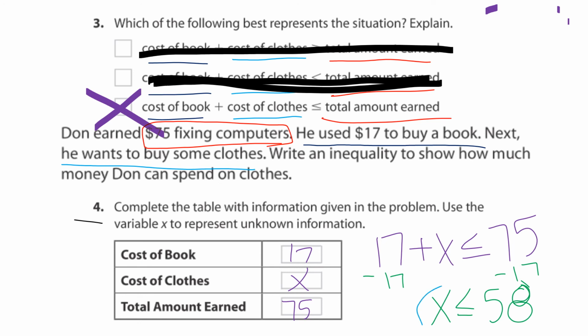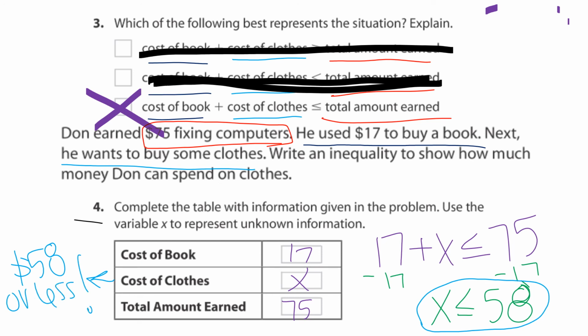So what does this mean? x is less than or equal to 58. That means the cost of his clothes has to be $58 or less. If he spends more than that, he's going to be in debt.